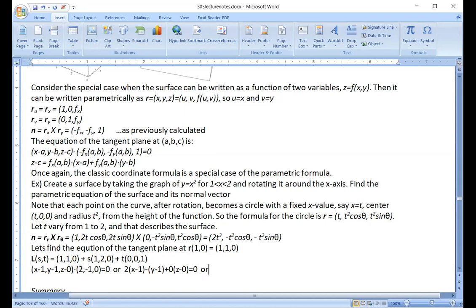And then if you wanted to simplify it further, you would just get 2x − y − 1 = 0. Any of those ways would be a way to write down the formula for the tangent plane in coordinates. And so that is that problem fully worked out.